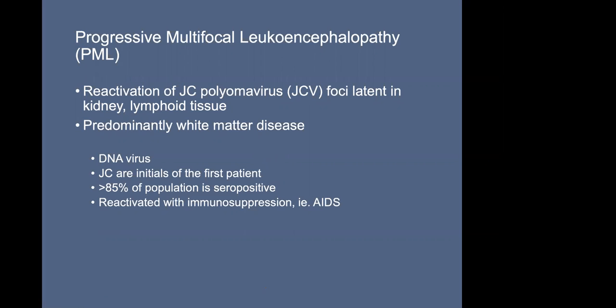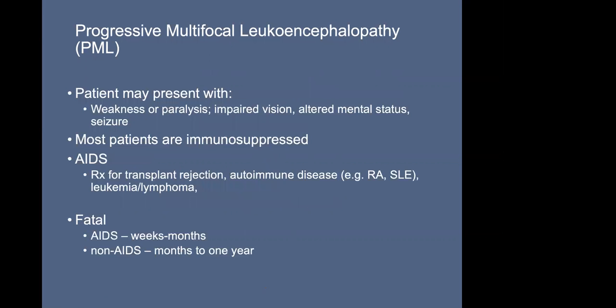When we become immunodeficient, it gets into the blood, moves to the brain, and produces the disease. It's usually fatal, especially in case of AIDS. The secondary infections are usually fatal in a few weeks. If it's a non-AIDS patient, then it can take longer, but they are also usually fatal.